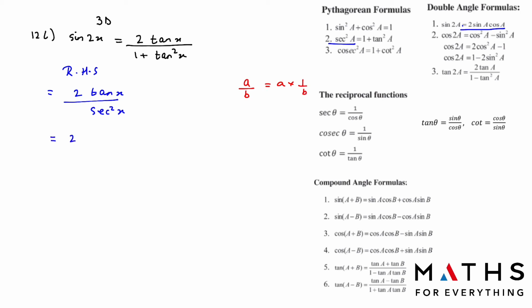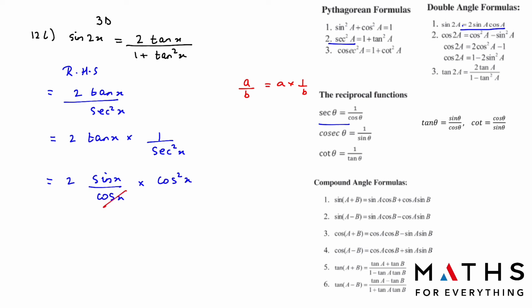So I'm going to write it as 2 tan x multiplied by 1 over sec square x. Tan x is going to be sine x over cos x, and 1 over sec square is the reciprocal of cos. We will write it as cos square x.